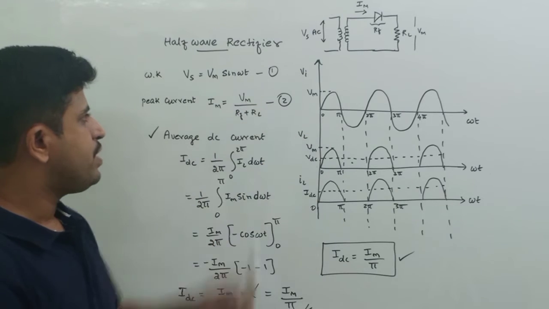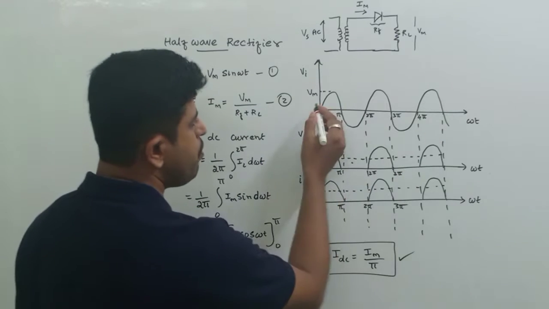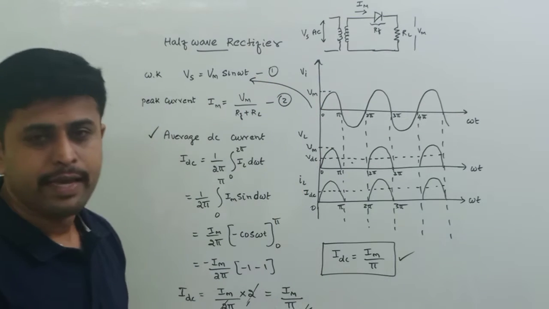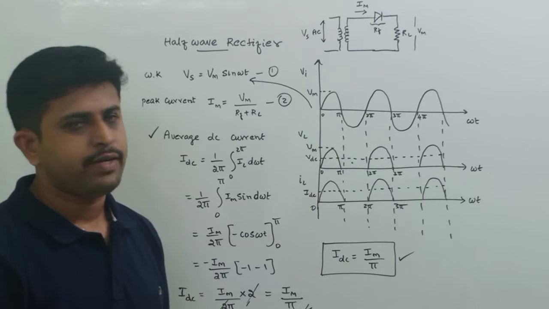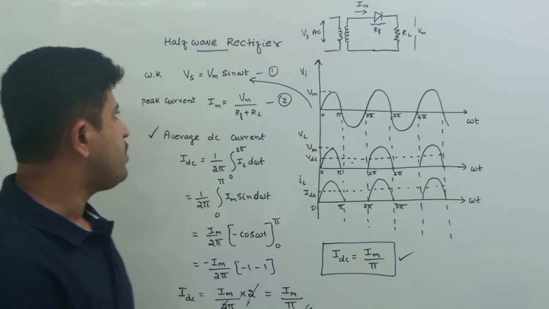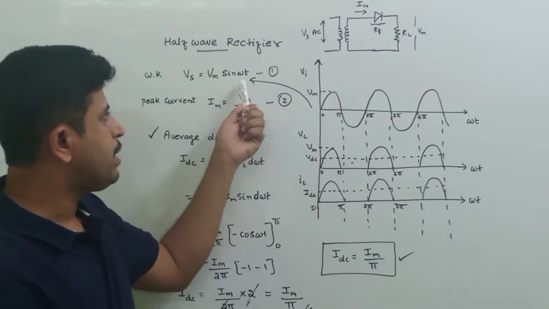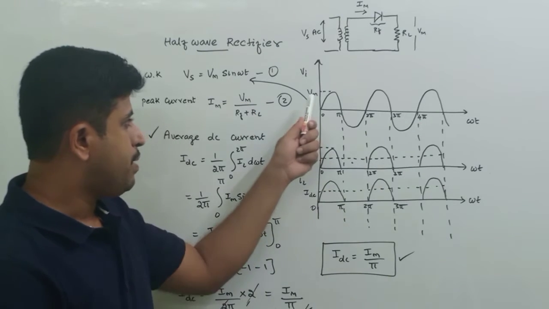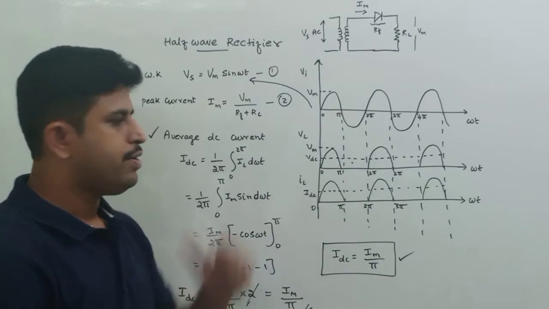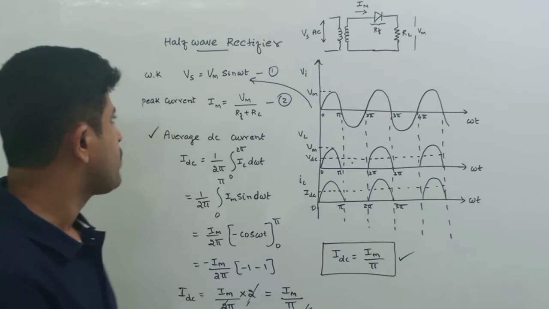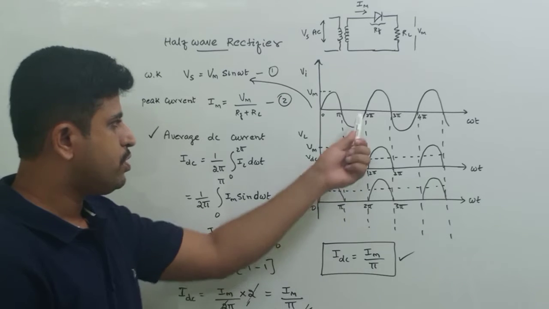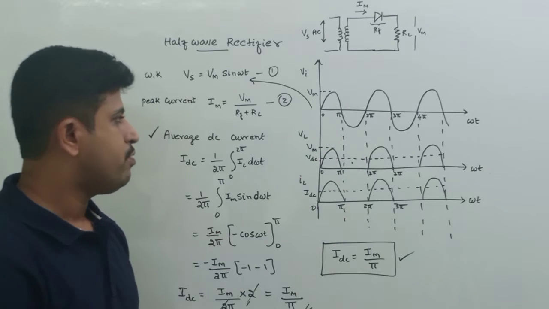Mathematically this can be written as Vm sin omega t, because this signal is a function of omega t and it is sinusoidally varying, and it is having a peak value Vm, that is the maximum voltage in this supply voltage. So equation 1 represents the mathematical equation for this sinusoidal input waveform.